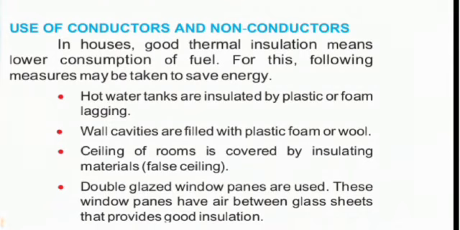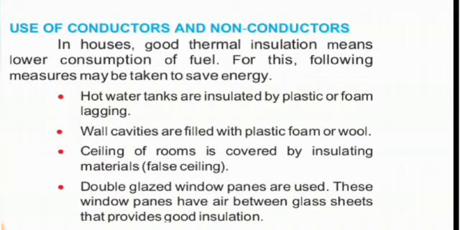Now students, we will discuss uses of conductors and insulators. Students, in houses, good thermal insulation means lower consumption of fuel. For this, the following measures may be taken to save energy. Hot water tanks are insulated by plastic or foam lagging.